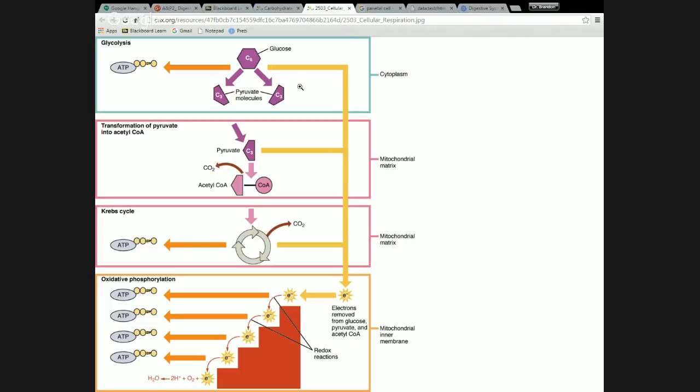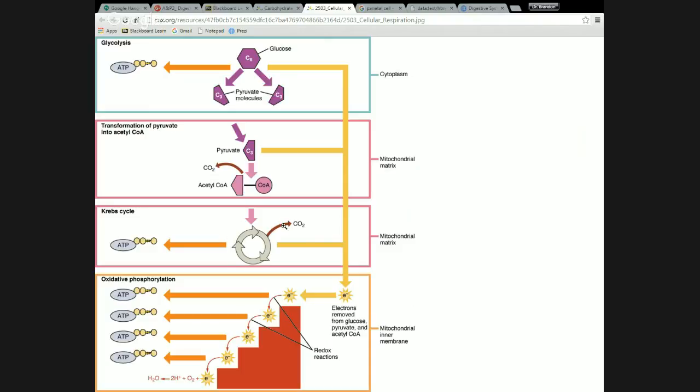The pyruvate moves into the mitochondria, into the matrix, which is the center of the mitochondria, where it gets modified a little bit. One of its carbons comes off as carbon dioxide, and the other 2 carbons are attached to something called coenzyme A, or CoA, where it then gets introduced into the Krebs cycle, or citric acid cycle, or it has a number of different names.